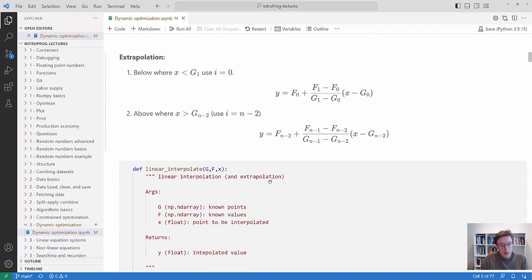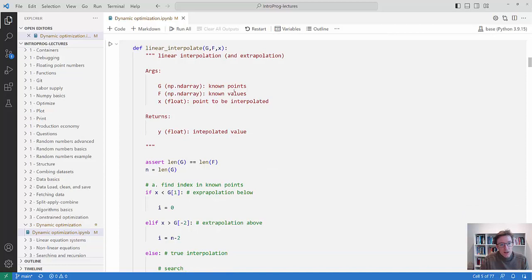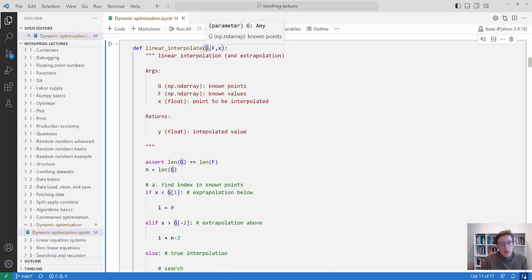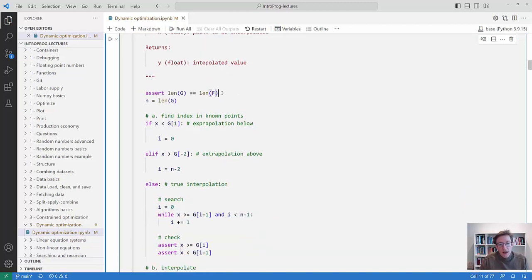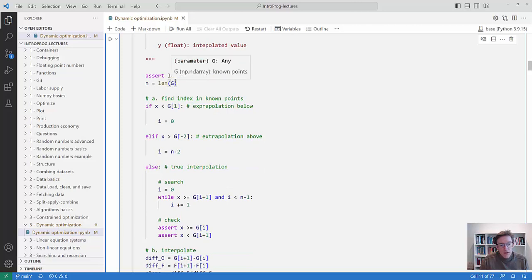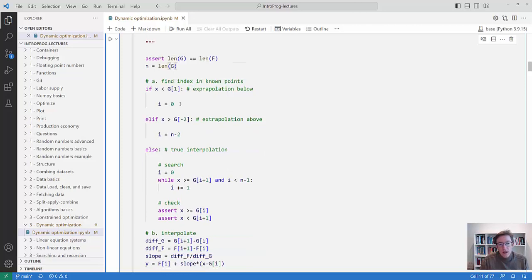Okay, so let's see how we could implement this. This is a function taking the known points, the values at these points, and then this new point x to be evaluated or to be interpolated. I first check that I have the same number of grid points and known points, and then I find out how long my vector of points is. If I extrapolate below, then I set my i equal to 0, otherwise I set it equal to n minus 1.